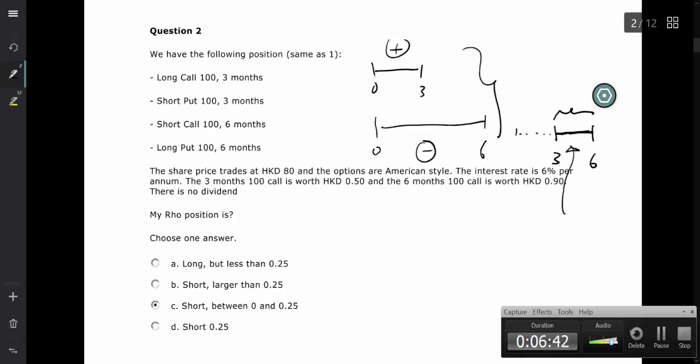If there is more information indicating that the option may well be exercised right here, then obviously the rho would be smaller. That is why C is the correct answer.